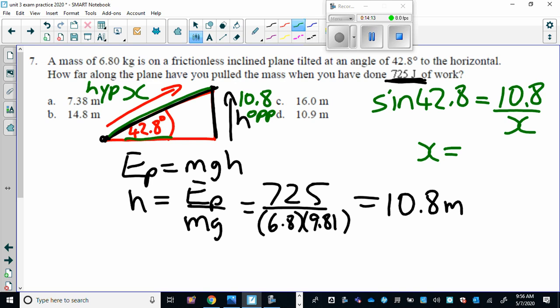And x turns out to be, what is it? 16 meters. Okay, actually, we're going to stop it at number 7, and then the next video will continue with number 8.